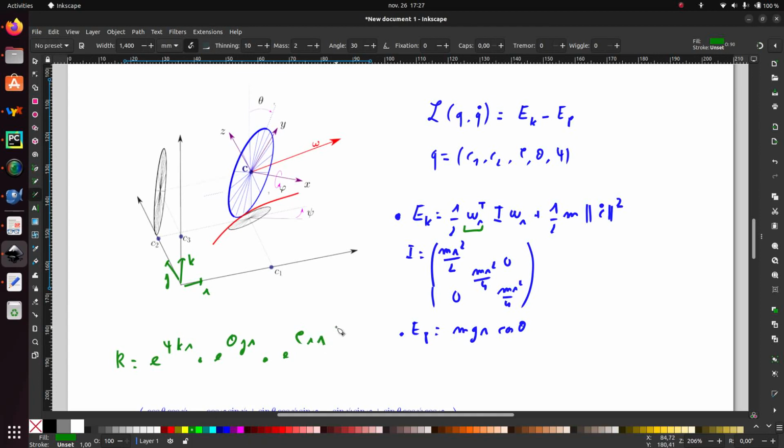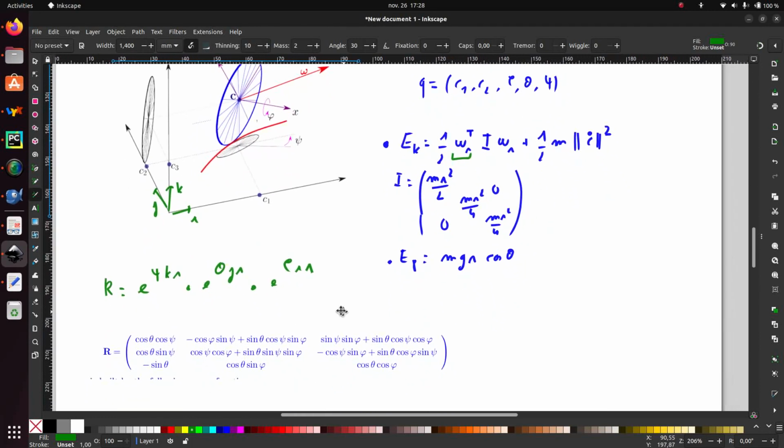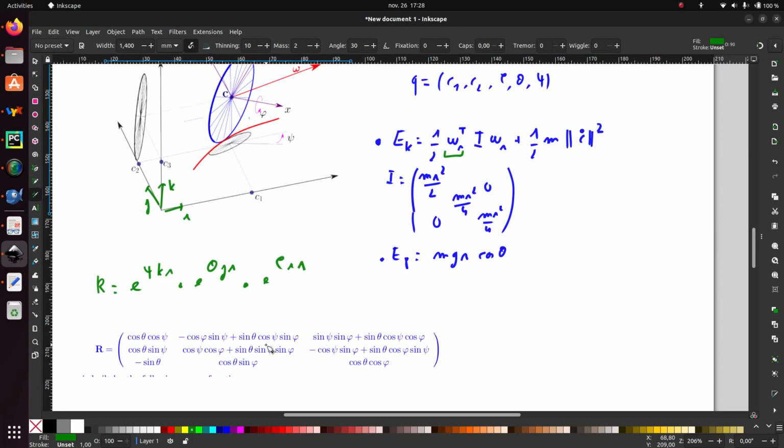With this I obtain the Euler matrix, which I recall is given here, so it is a function of phi, theta, and psi, which are here in the vector of the degrees of freedom.